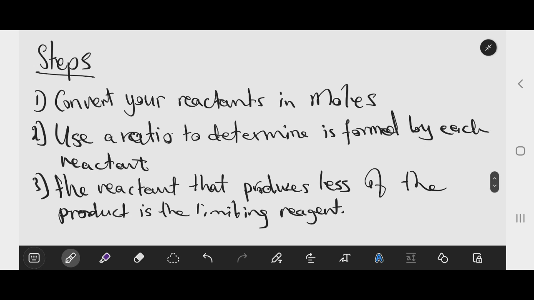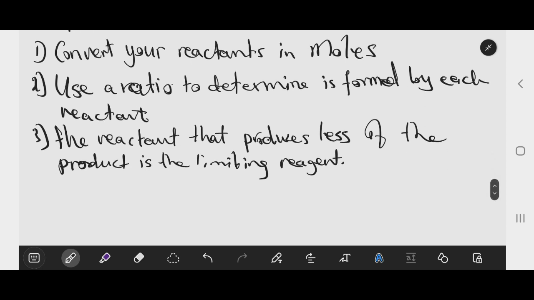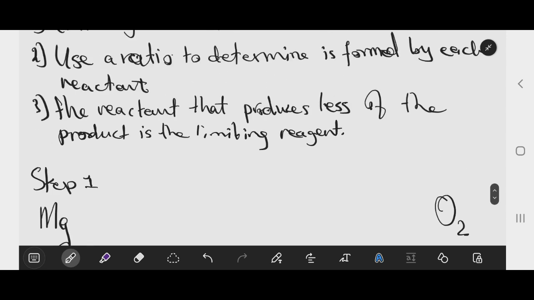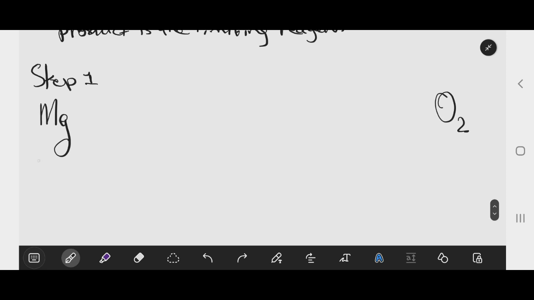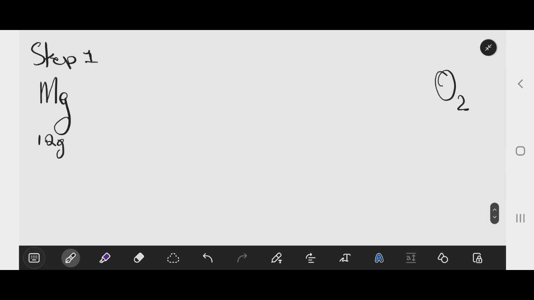We said step number 1, you convert your reactants into number of moles, right? So let's go to step 1. We have magnesium. Let's convert whatever we have for magnesium into number of moles, and then we're going to convert whatever we have for oxygen into number of moles, right? For magnesium, we have 12 grams of magnesium. So how do we convert mass into number of moles?